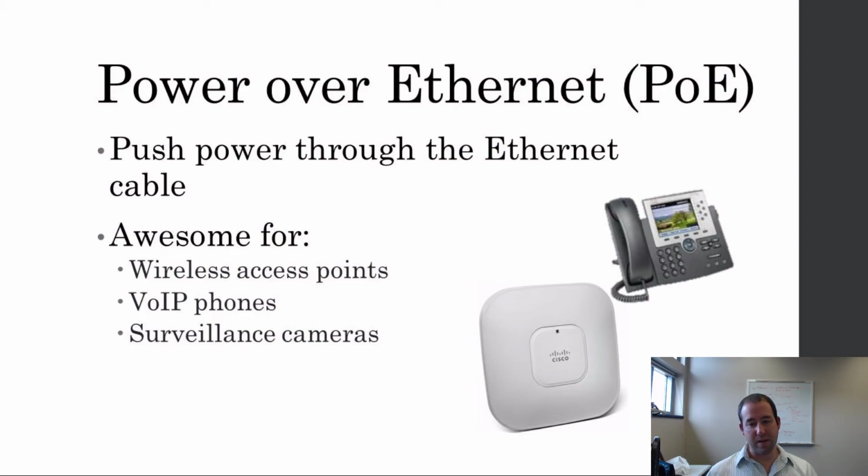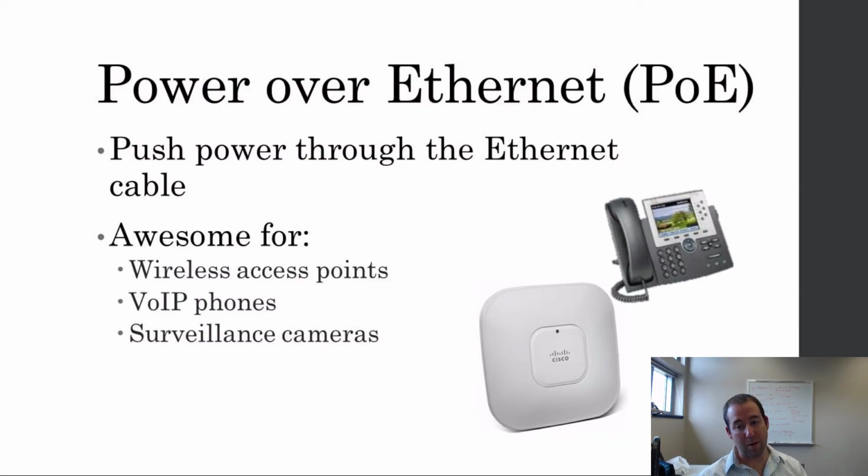The last feature, I believe, that we're going to talk about is power over Ethernet. Power over Ethernet allows us to push power through the Ethernet cable, which is amazing for wireless access points, because wireless access points have to go on the ceiling. And pretty often, you don't have a power outlet on the ceiling.